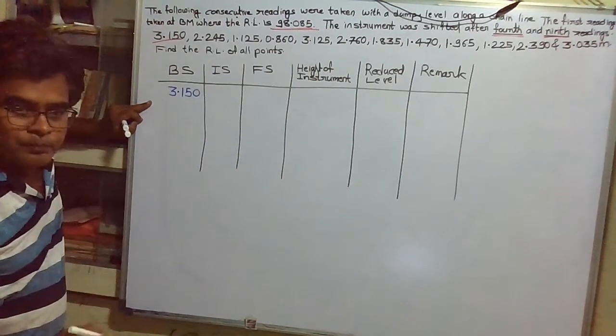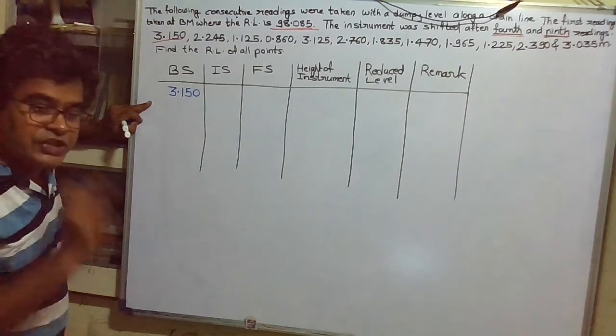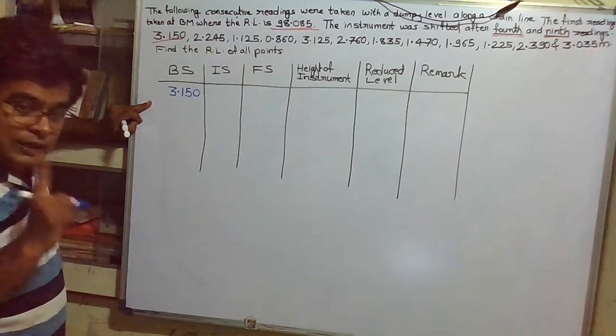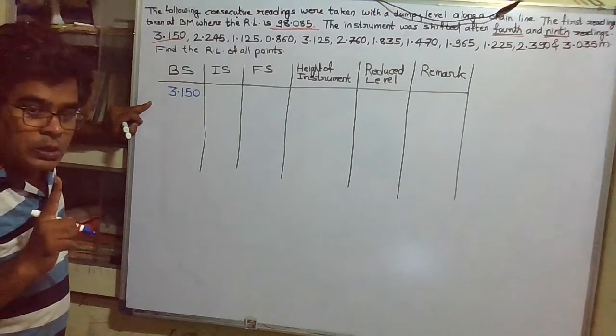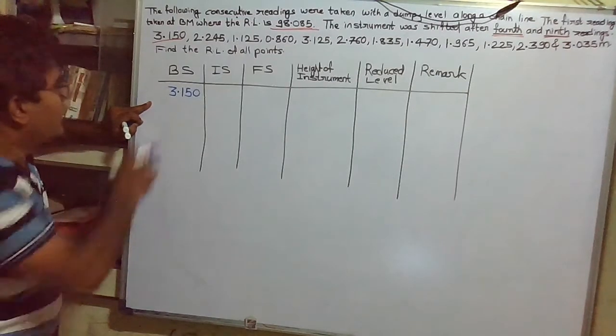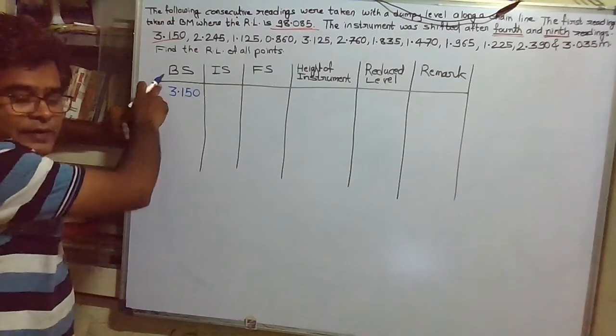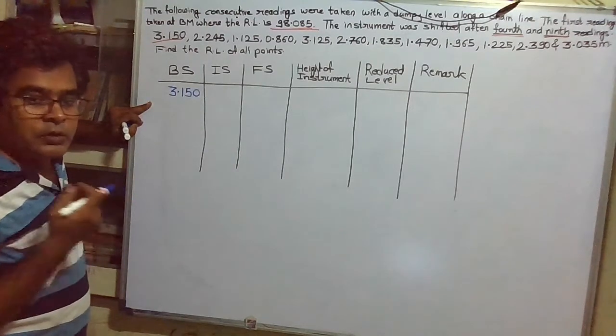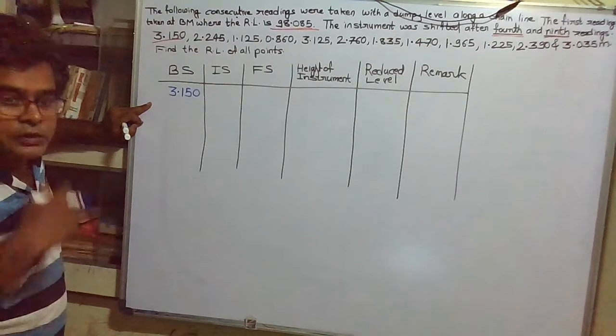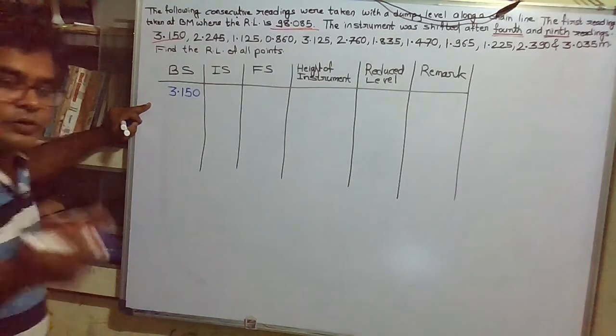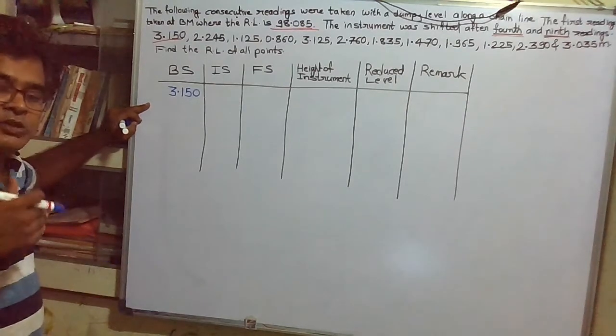That we can write in the backside reading, that is 3.150. Okay, here each reading we are taking at a certain point. Chainages may also be given, for example the first reading is taken at a chainage of 180 meter, and the next consecutive readings are taken at the chain interval of 20 meters.